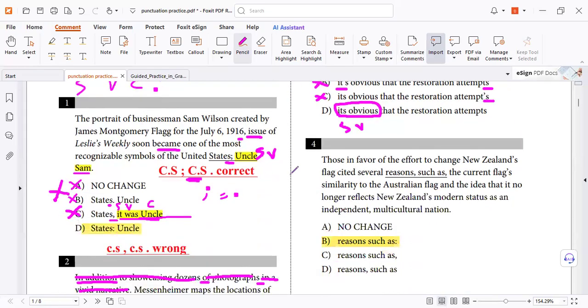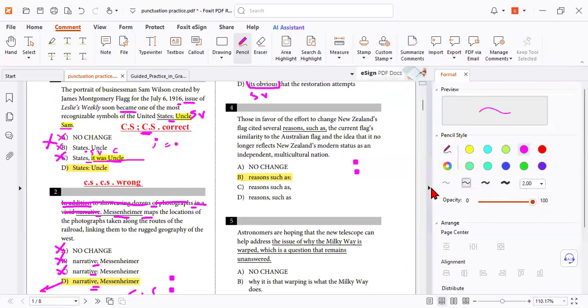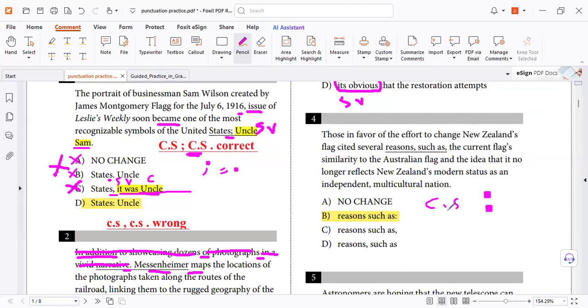Right? Good job. Number 4, it's wrong. Why? We follow the rules. Before the colon, it must be a complete sentence. A sentence must have subject and verb and complements to complete the meaning.